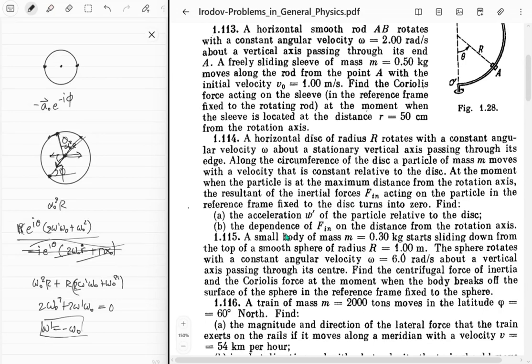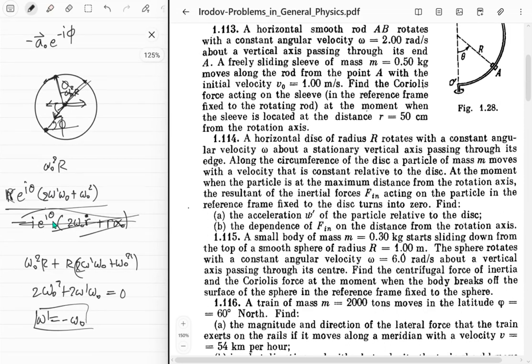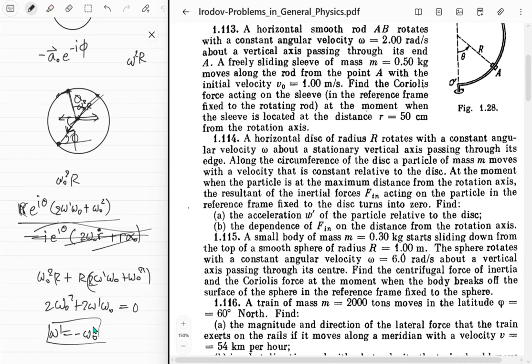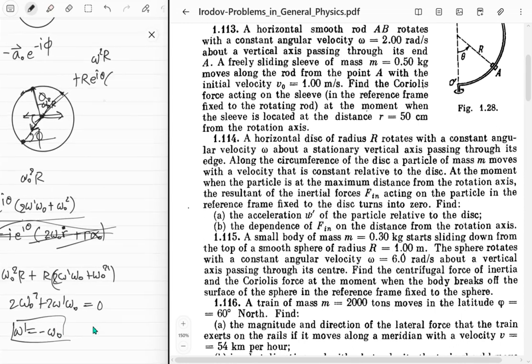And now once we have that, they ask us to find the dependence of the inertial force on the distance from the rotation axis. So inertial force is just this complete thing times mass, right? But first of all, let's put it in here and see what we get. I just put ω₀ as ω now, and then ω' just becomes negative ω. So this will become ω² r plus r e^(iθ), so the radial vector.